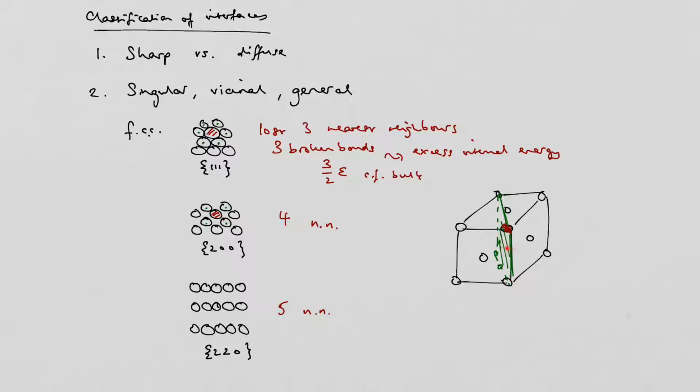It has 12 nearest neighbours overall. That leaves 10. Half of them would still be inside the solid, and half would have been lost. So 10 divided by 2, 5 of them have been lost.